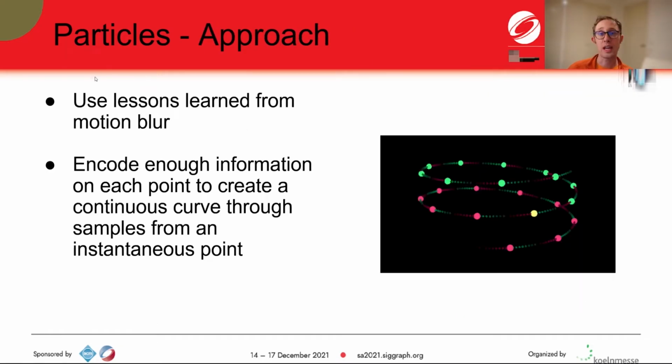So the approach that we're going to take for particles is to use the lessons that we learned from motion blur. So in this image, the larger spheres are the whole frame samples, and the smaller ones are the acceleration-based interpolation between them. And so you can see that we got a pretty nice smooth spiral, which is what we're going for.